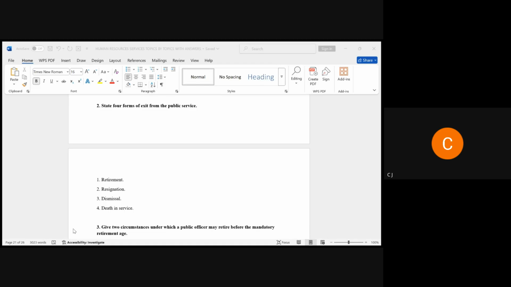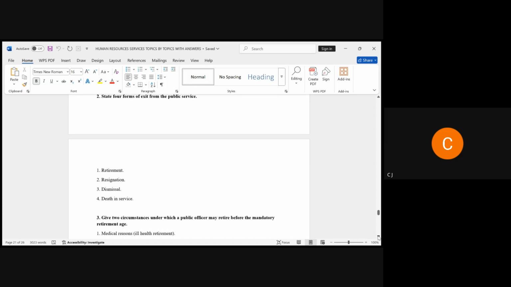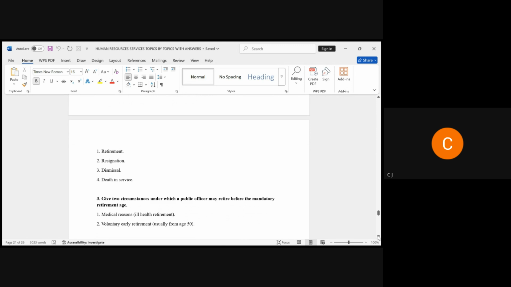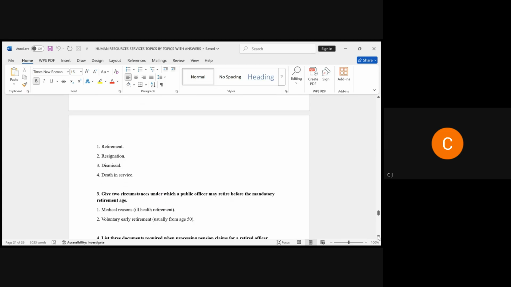Yeah, so tuko na sickness and death will make you to retire before mandatory retirement age. Medical reasons, ill health retirement. Voluntary early retirement. Early retirement, usually from age 50. So correct hapo Sophie.